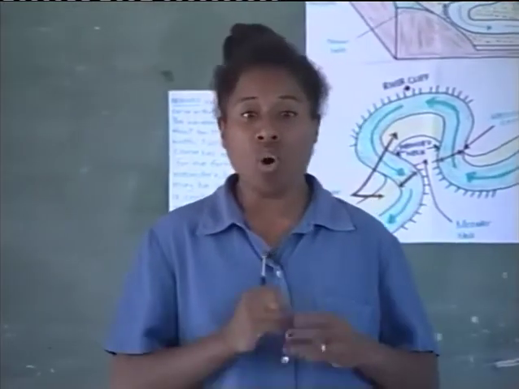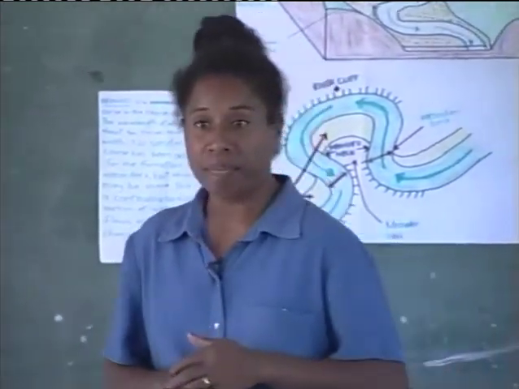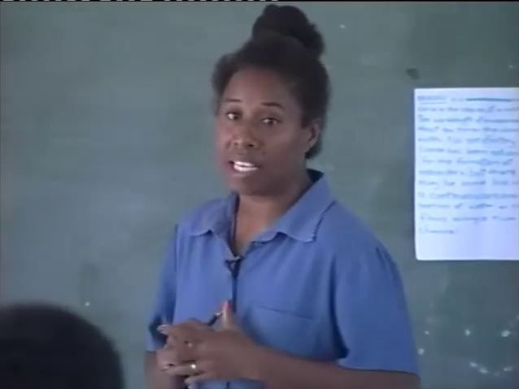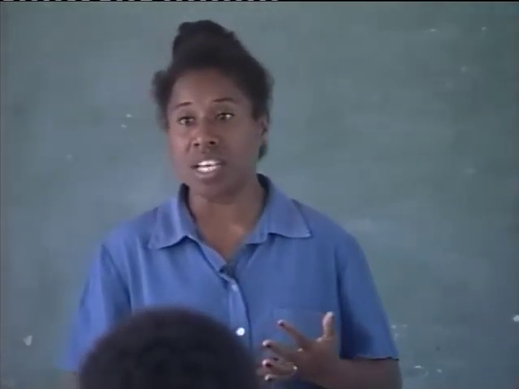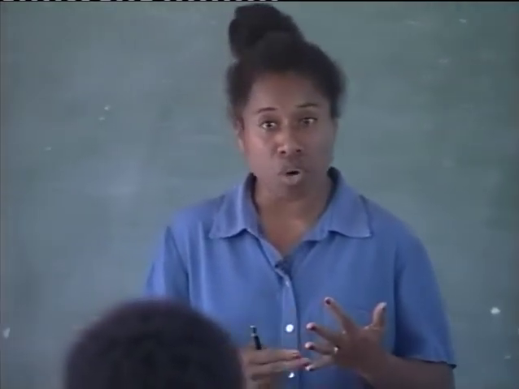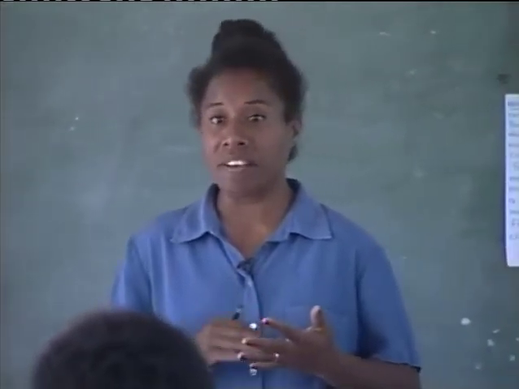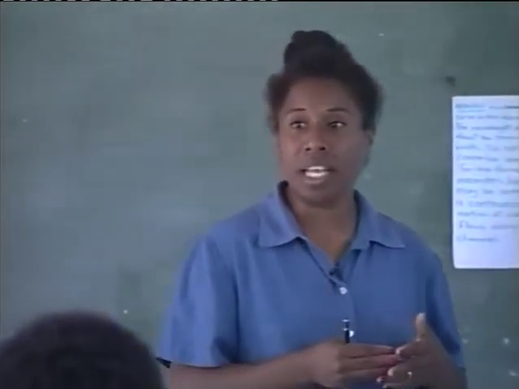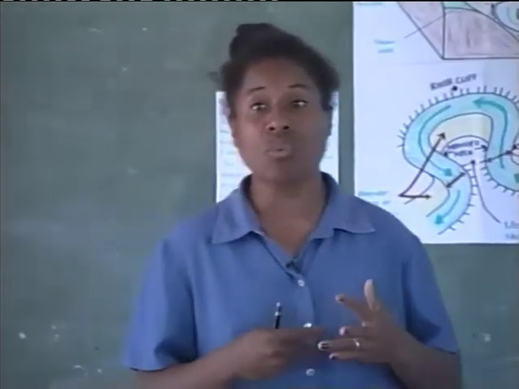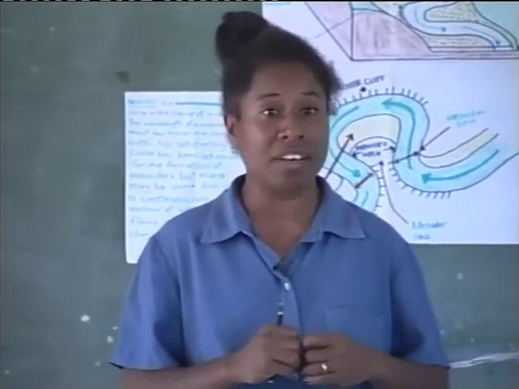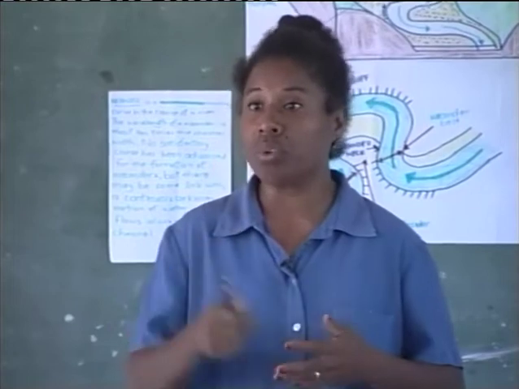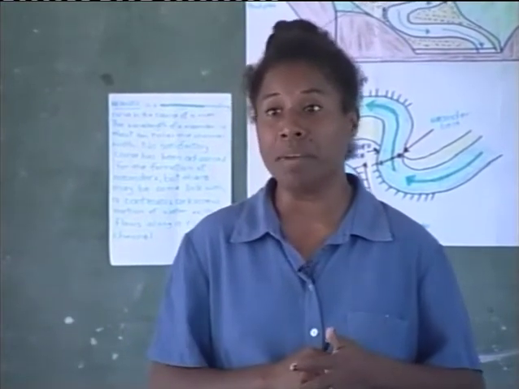Those are not the only features that you can find in the development of a river valley. There are other features such as the river cliffs, the slip-off slopes and the bluffs that we have left out. But it is also important that we get to know about those features. So whatever we have not covered in grade 11, we'll try to fit into our program in grade 12.